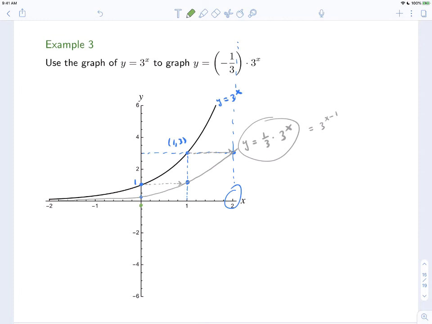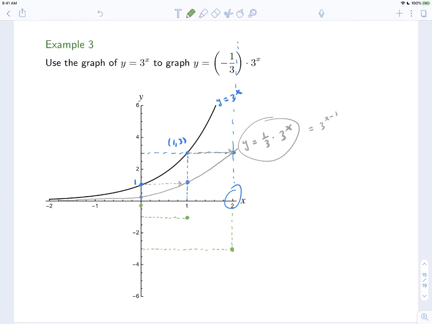Next we'll reflect this point where x is equal to 1 and y is equal to 1. So 1 is right about here. So that'll give us this point. And now we want to reflect this point where x is equal to 2 and y is equal to 3. So 3 is going to go to negative 3, and that's going to put us right about here.